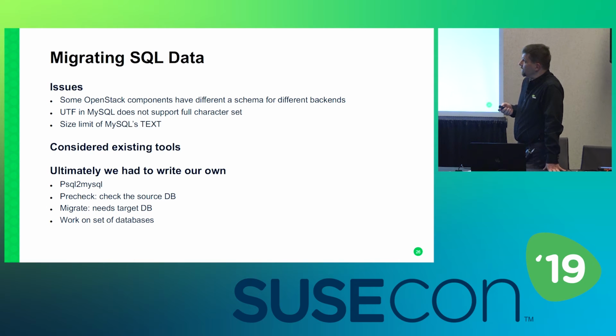There are some issues specific to databases themselves. There are some of them specific to OpenStack. For example, for some components, OpenStack is using different schema based on the different backend.